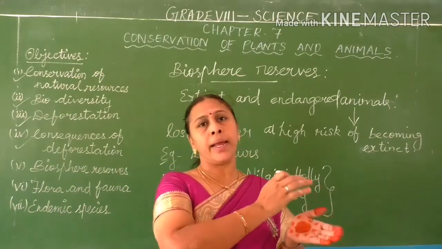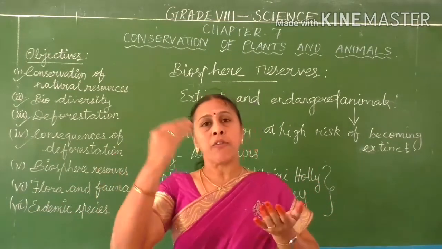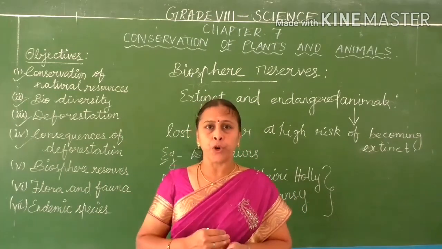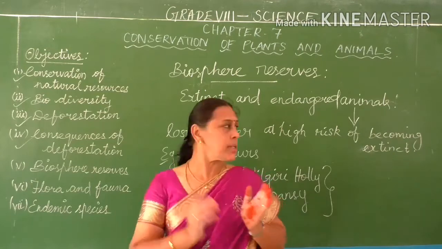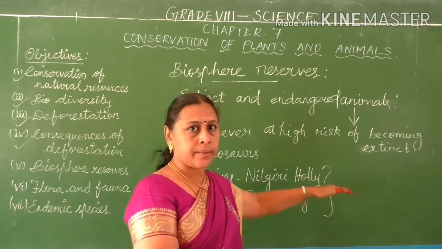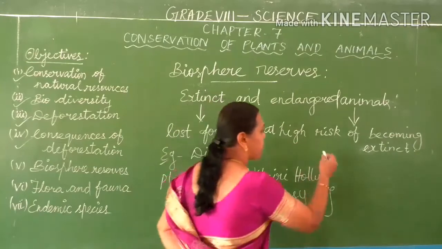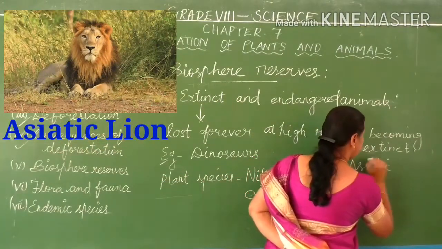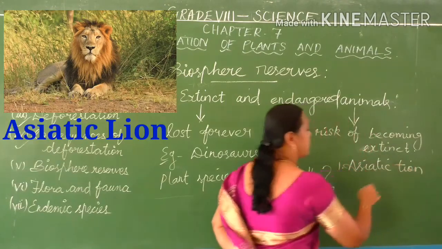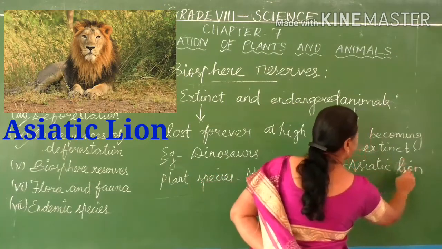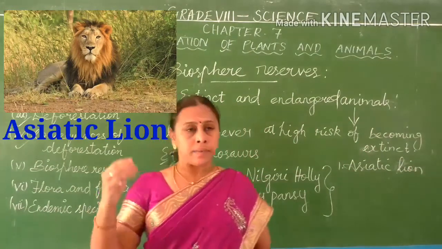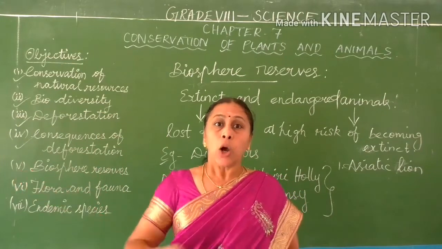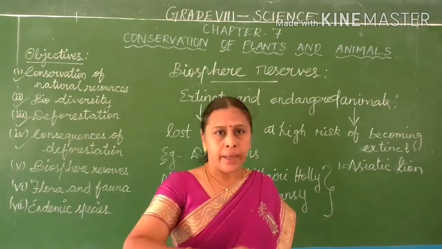Before, they may have been in large number, but because of poaching or excessive hunting the number was reduced, and they are at high risk of becoming extinct. Some examples are the Asiatic lion. The Asiatic lion is found in Gir National Park in Gujarat. Now it is at the endangered level.